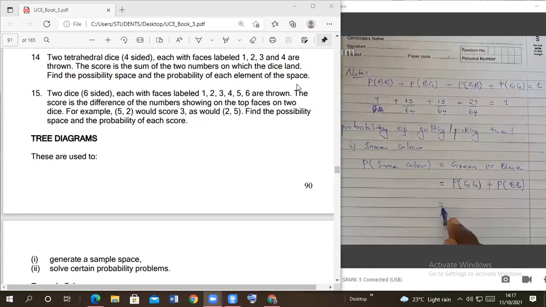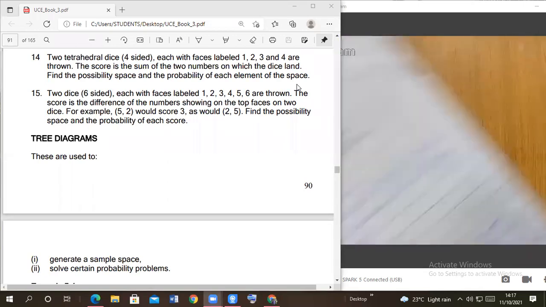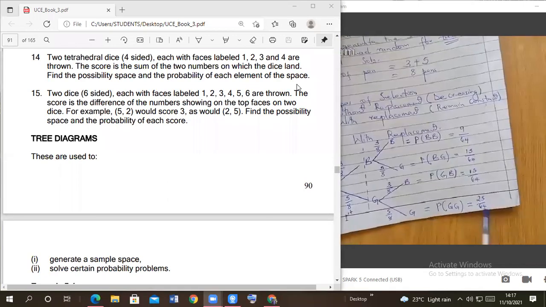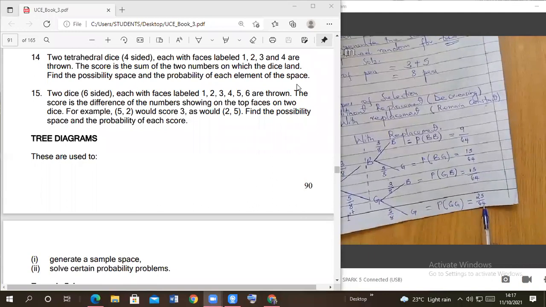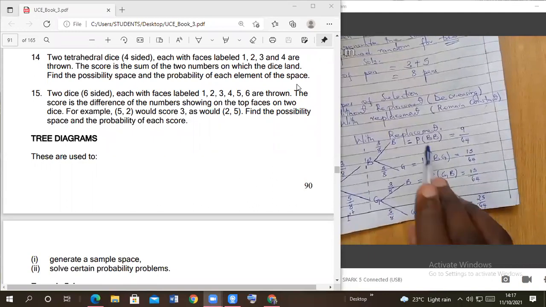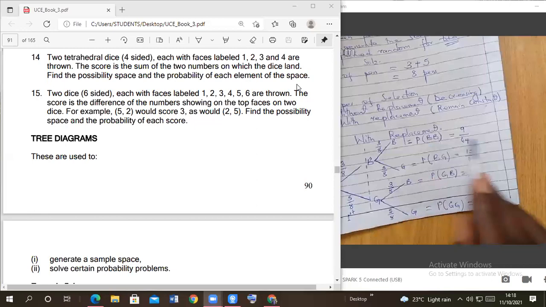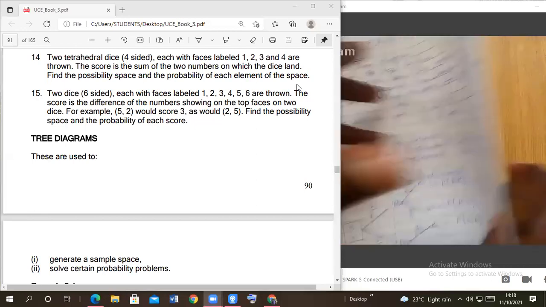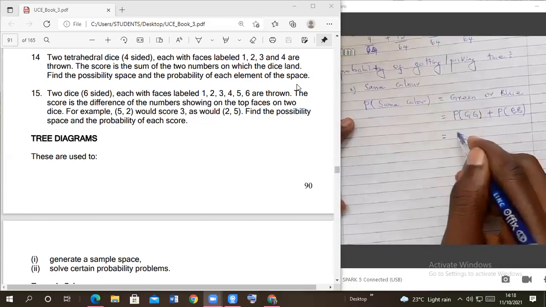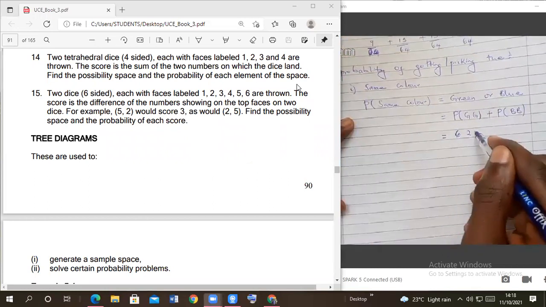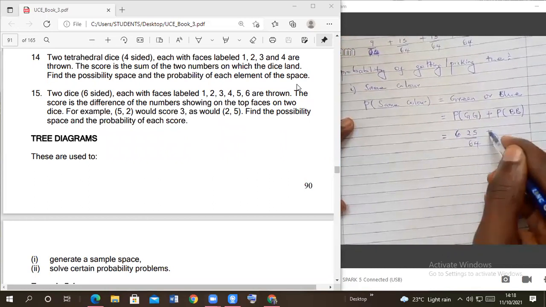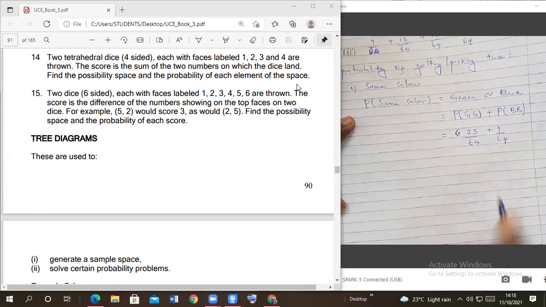So what was the probability of getting green and green? You check from your tree diagram here. Green and green was 25 out of 64, then blue and blue was 9 out of 64. So you combine them together: 25 out of 64 plus 9 out of 64.